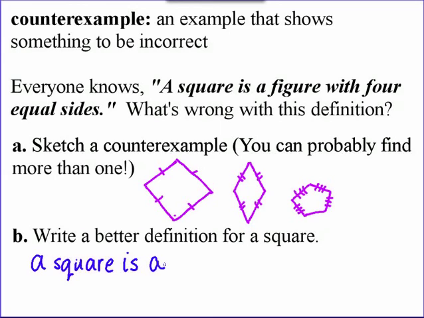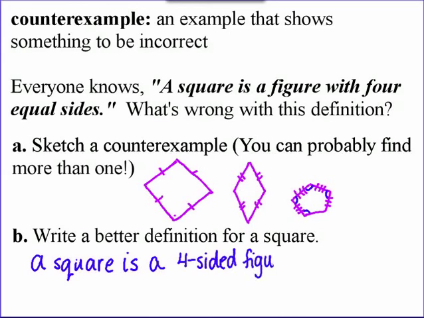Do we have a counterexample for that? If I had equal angles here, that would have 4 equal angles. They're all right angles. A square is a, let's specify. You said a square is a figure, but let's say a four-sided figure. Eventually we will learn that a four-sided figure is actually called a quadrilateral.